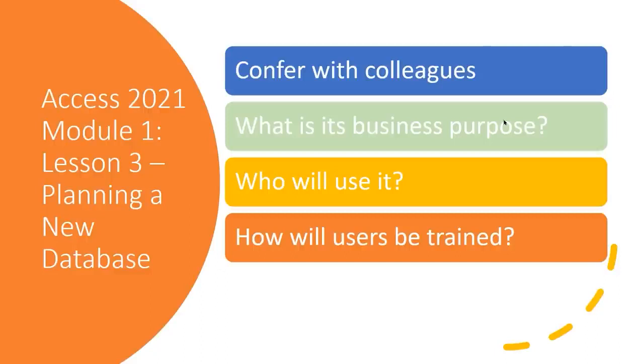And then you'll need to determine who is actually going to use the database and how will those users be trained. So four key steps. I mean, if you have users that are used to working in Access databases, that's great, but this might be a new experience for them, so they'll have to be trained on how to use the database.